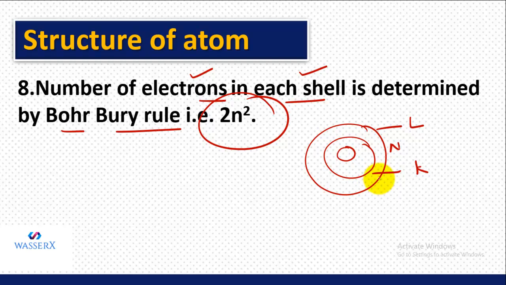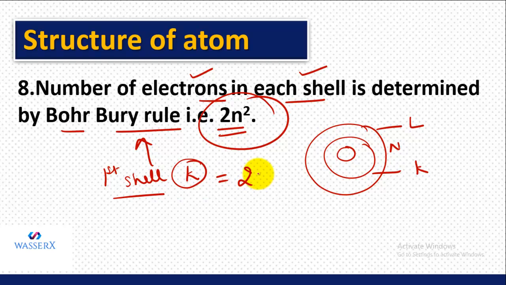In the shells, there is a specific number of electrons present, given by the Bohr-Bury rule, which is 2n square. Like if I want to know the maximum number of electrons that can be accommodated in the first shell, that is the K shell, it can be calculated by putting n as 1. So the maximum number of electrons that can be accommodated in the K shell is 2.